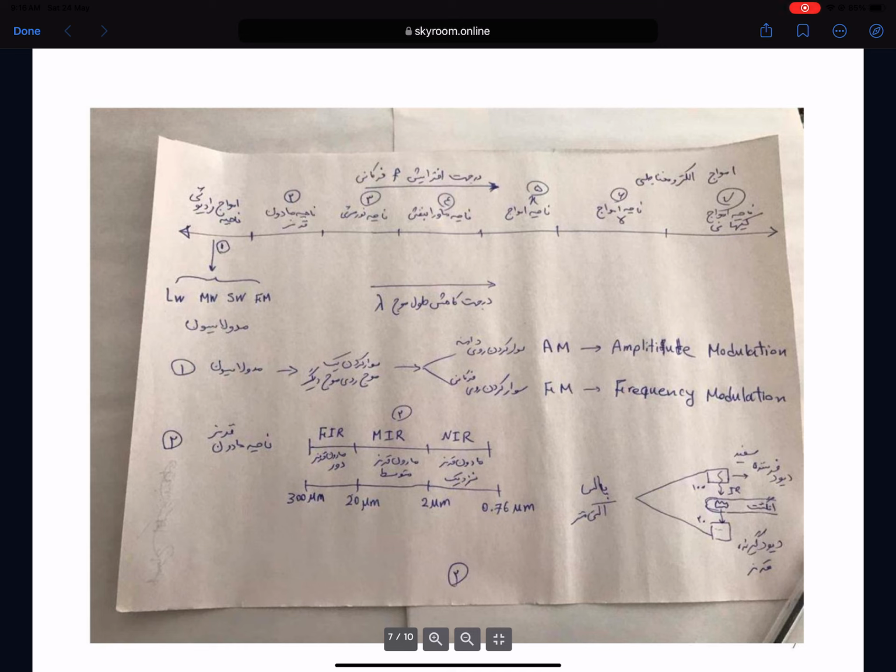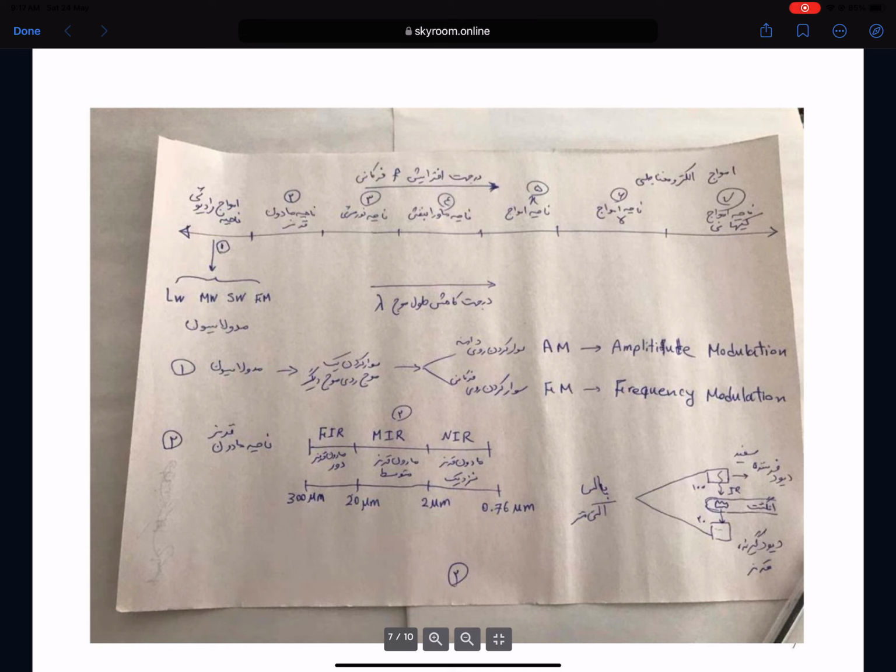But just for your knowledge, in the UK they have a very sensitive infrared camera, and they can detect some cancer cells inside the body, because each cell in our body emits a specific wavelength of infrared. So remember that each cell in our body emits a specific wavelength of infrared.